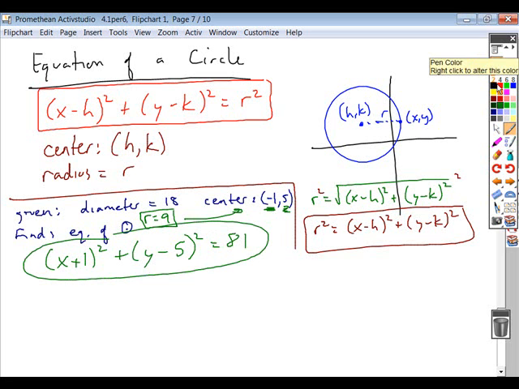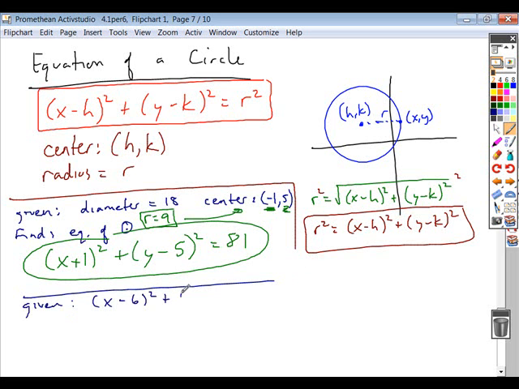Okay, there's another type of problem that you might see that again is pretty basic, and that is if I gave you the equation of a circle and I asked you to find the center and radius.